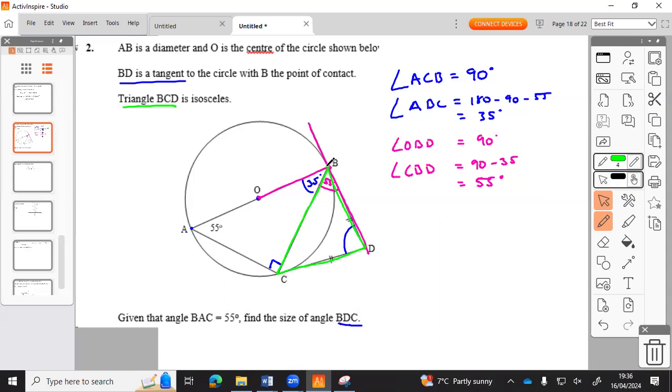Isosceles means the two bottom angles are the same, and two sides are the same length. So side BD is equal to side CD. That means angle CBD is equal to angle BCD.